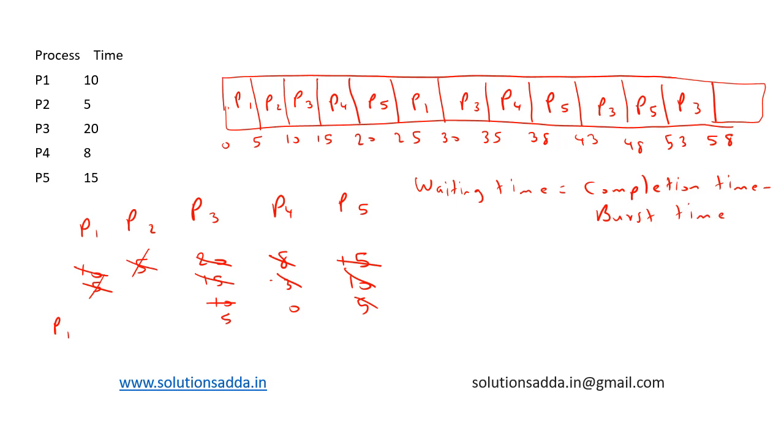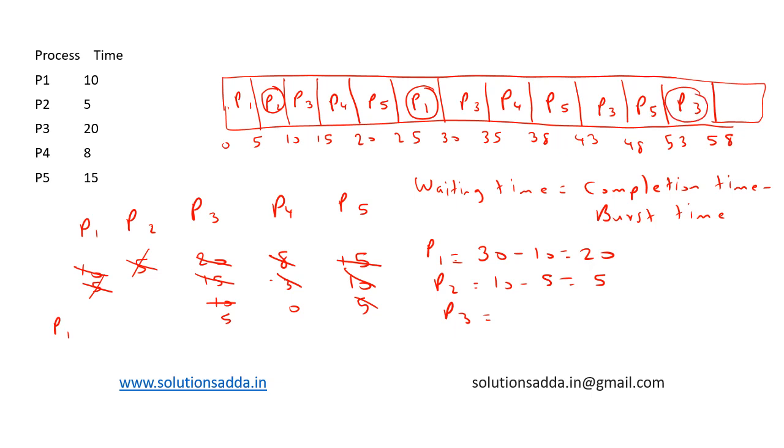So for process P1, this is equal to 30 minus 10 because process P1 completes at 30. 30 minus the burst time is 10, which is equal to 20. Now for P2, it is 10 minus 5, which is equal to 5. For P3, it is 58.